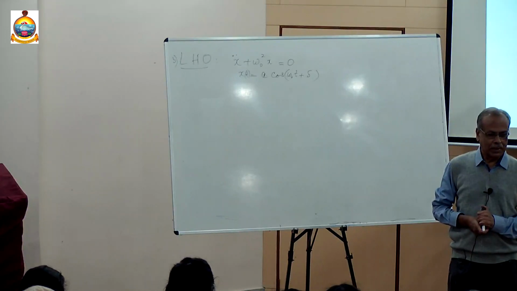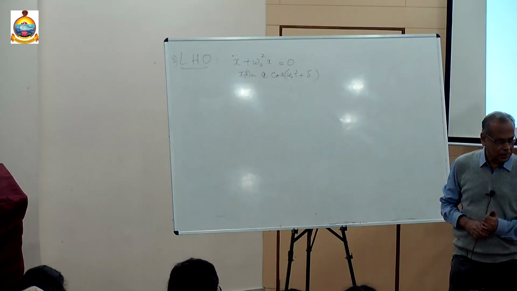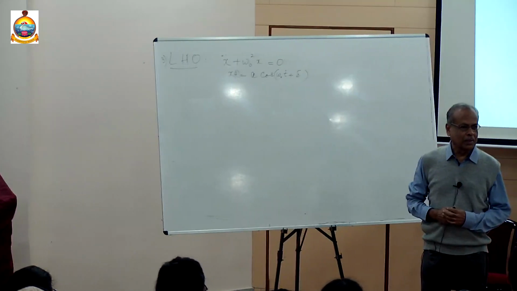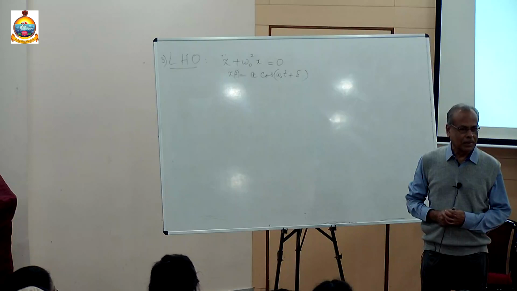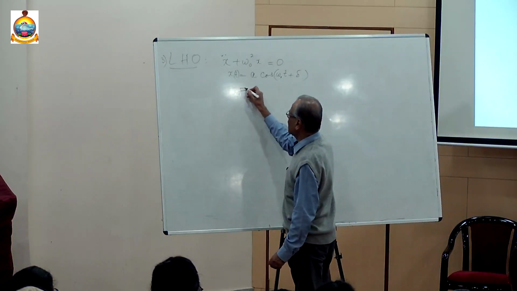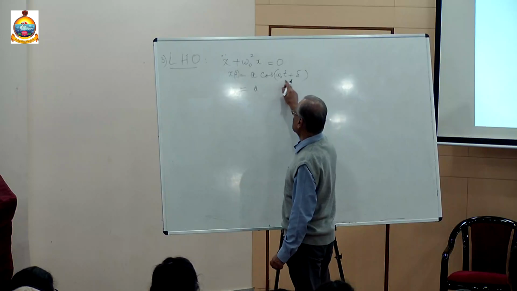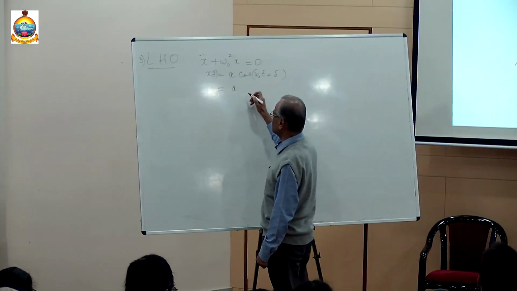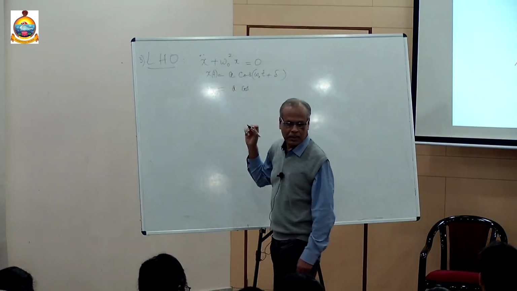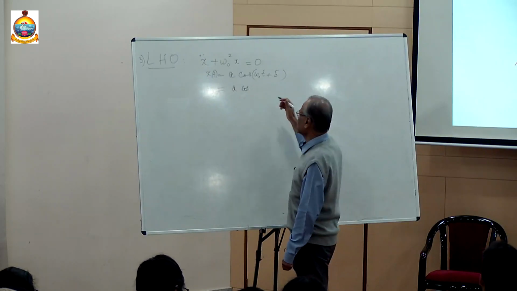So where are they? The cos can be written as e to the power something plus e to the power something, e to the power i omega t. Yeah, that is one possible way. Or you expand this cos. So cos of omega naught t plus delta, how do you expand? Cos x cos y minus sin x sin y.